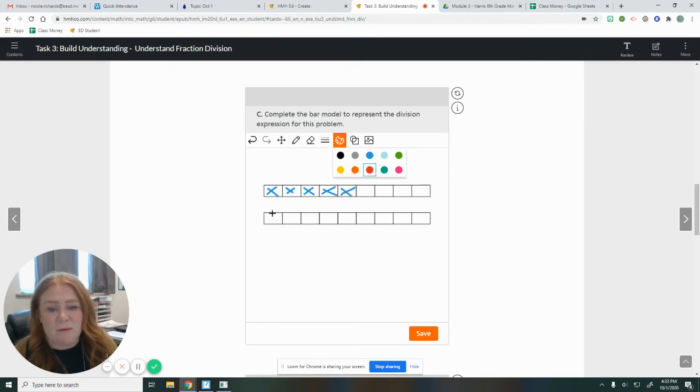And I know that she's cutting them into groups of 2/9. So 1, 2/9. There's another group. But it looks like if she tried to make another group, that these ones she would not have enough of. So she can make one whole group, two whole groups, and a half of another group.